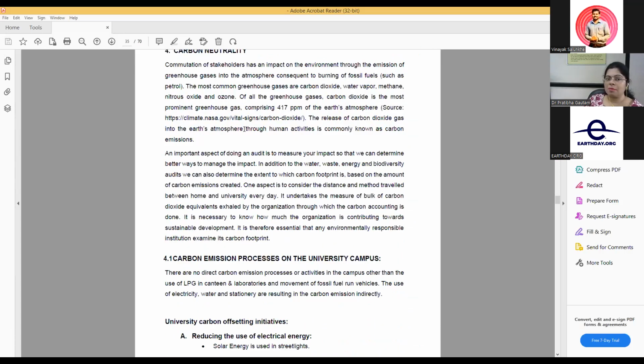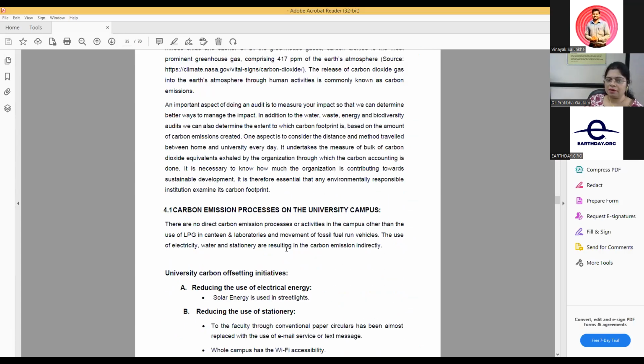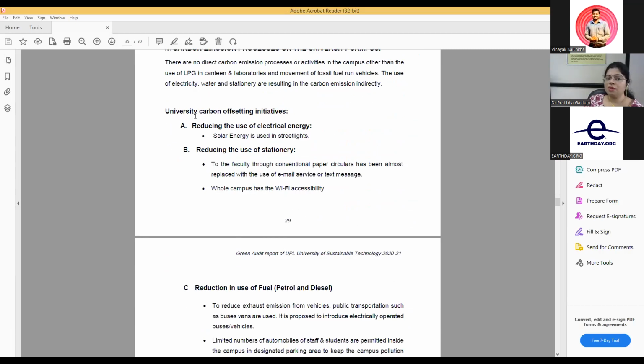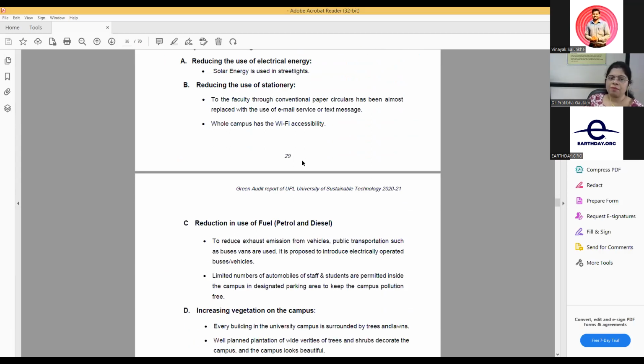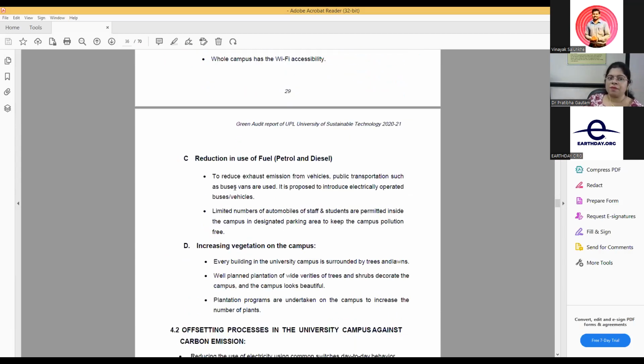Then the efforts on carbon neutrality, first why it is required, then how the university is offsetting its carbon footprint. For example, reducing energy use by implementing solar energy, reducing stationery and taking fewer printouts, and reducing fuel usage.